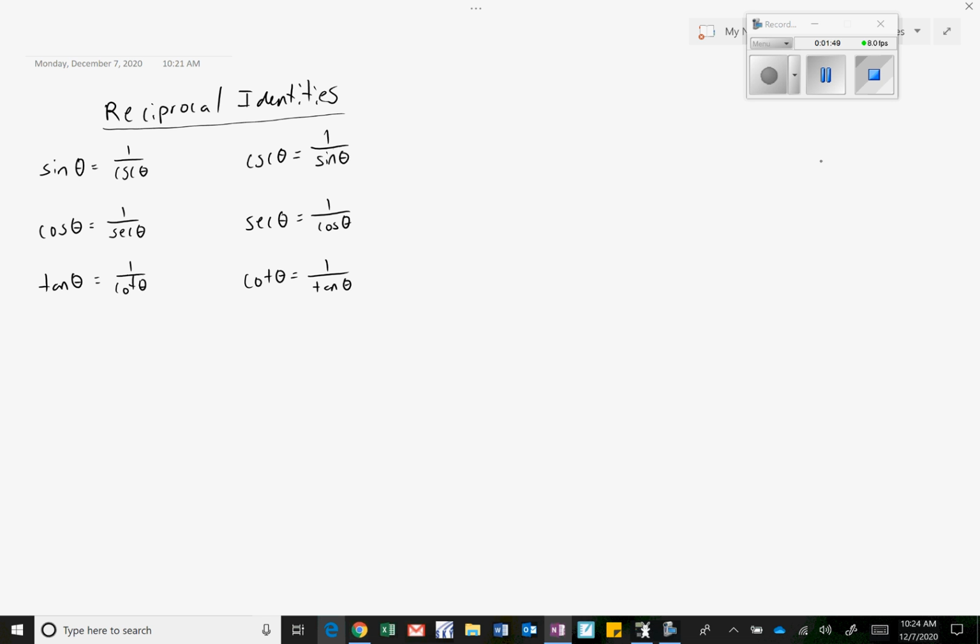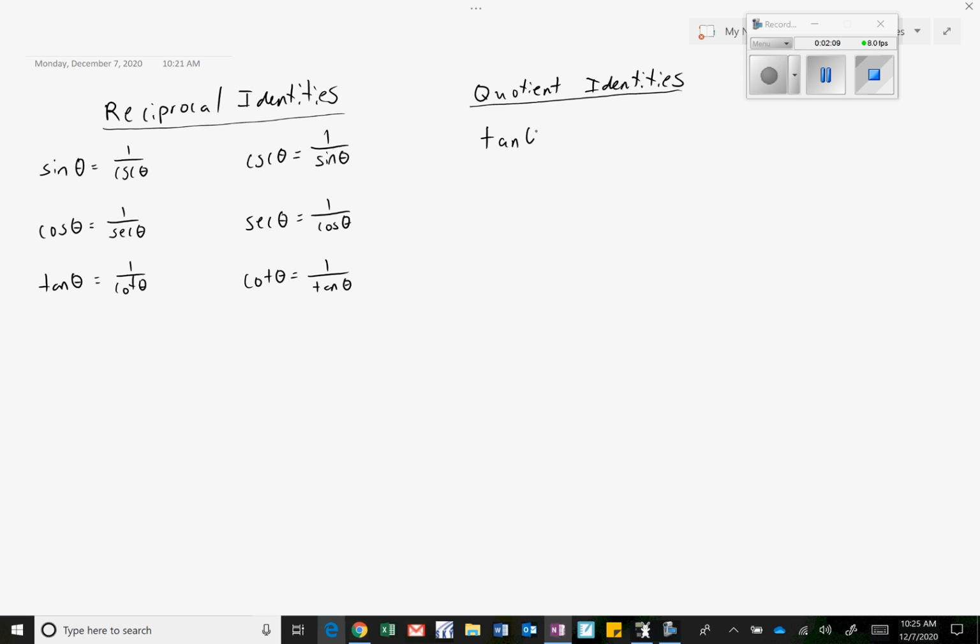Two more that we have actually seen before are the quotient identities. And I'm sure these are also familiar. So there's two of these guys. So, you know, the tangent is always defined as sine over cosine.